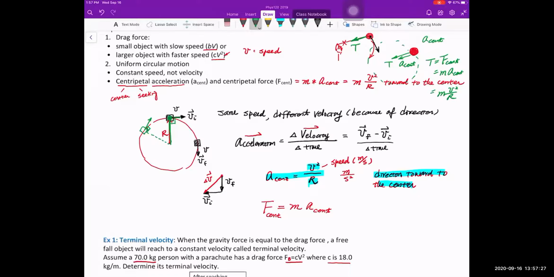If you swing it too slow, this V is going to be smaller, and you are not going to give a large enough tension. It's not going to go around a circle. And if you give a large enough force, then you can make it go around a circle.